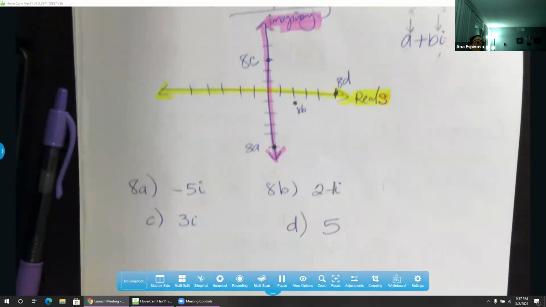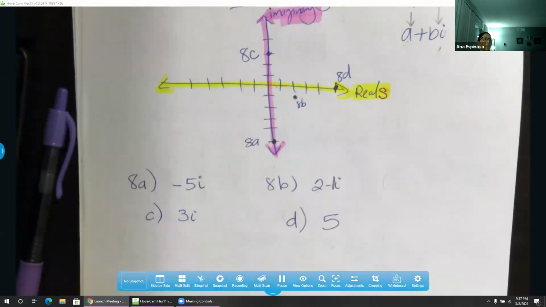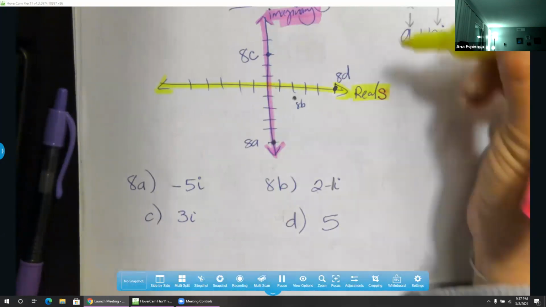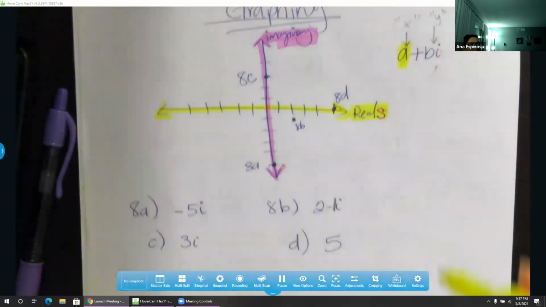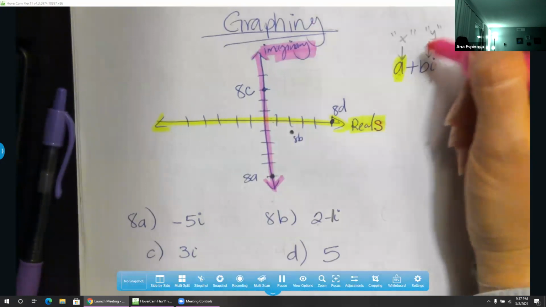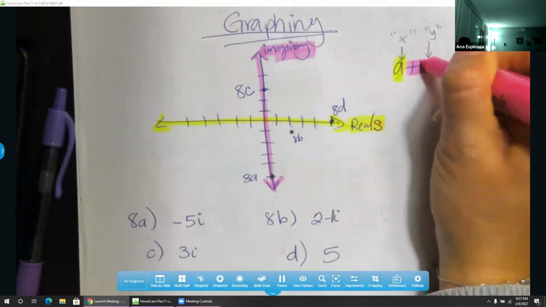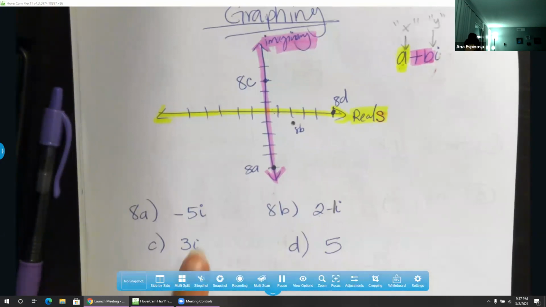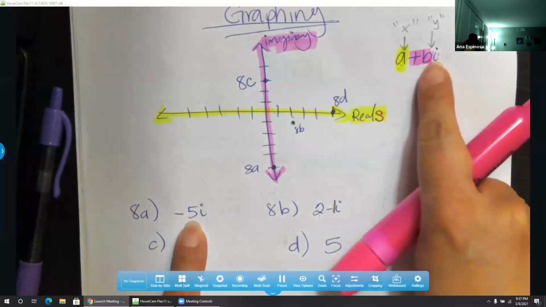When you're given a number, you want to know that this a, the first number, single by itself, is like your X. And your second number that is next to the i is your imaginary, which is your Y. So when you are graphing, let's say negative 5i, that negative 5 is your b.